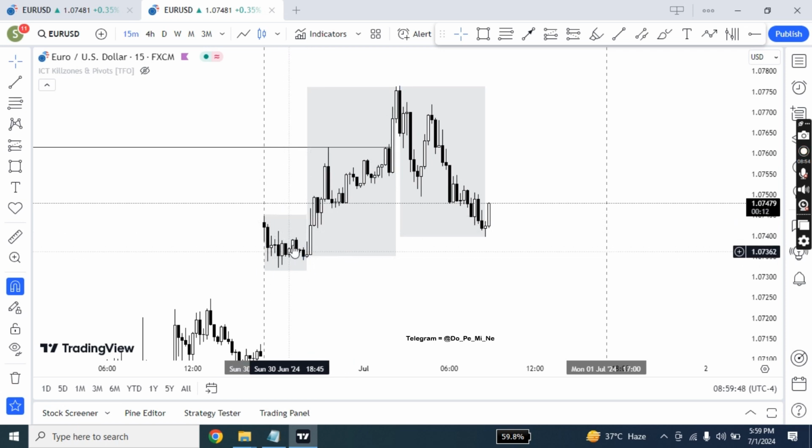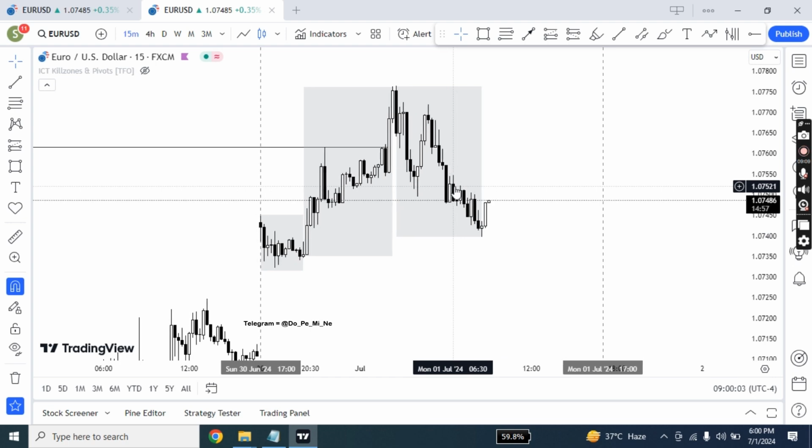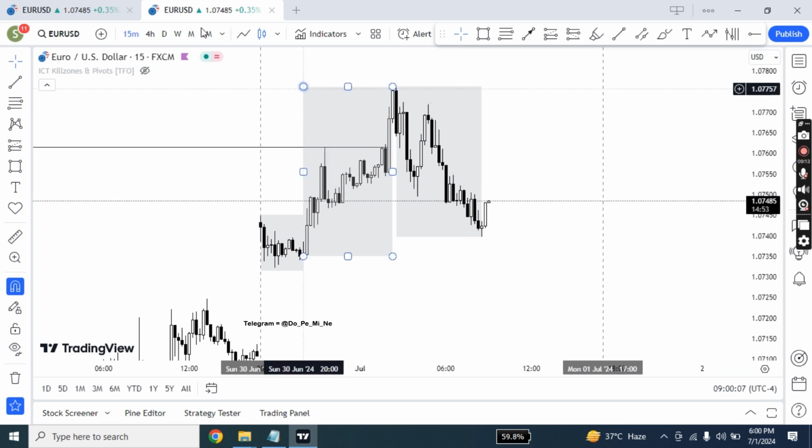We started with the range, then an expansion, then this expansion tested a key level, and after that expansion profile ended, we had a reversal profile, right? This is how you could use market profiles and key levels and integrate them with each other to have a dynamic, objective, and a unique perspective of the charts. And you're going to be using time frame alignment for that.